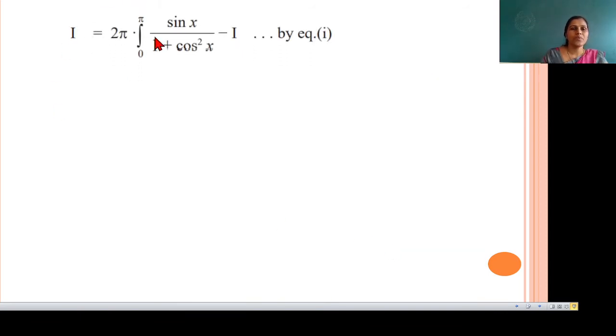So again, you will observe that the second value is the value of I from equation 1.